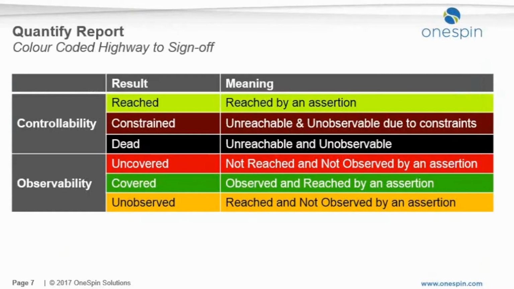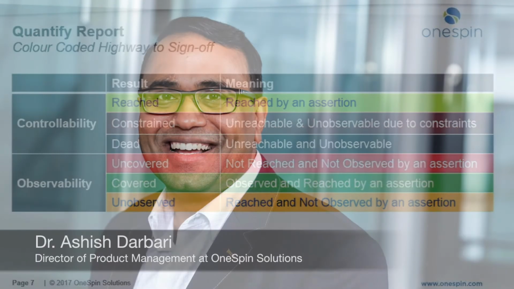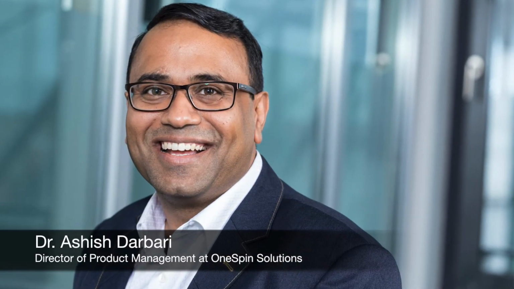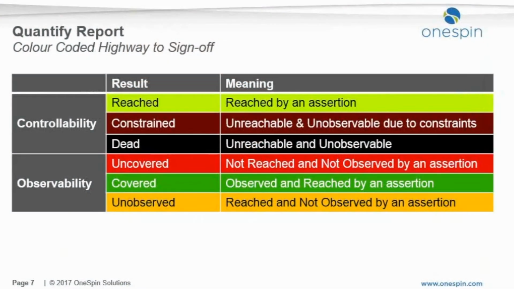However, in the case of Quantify, the way we do this is we rely on your assertions. So when I say reached by an assertion, it means if you don't have an assertion, you don't get reachable information. However, we do have in the tool a feature which gives you reachability analysis without having to have an assertion. But in the context of the Quantify solution in the metric-driven verification view, you do need checkers, otherwise you don't get the coverage.